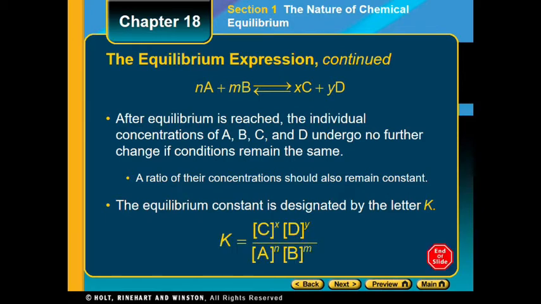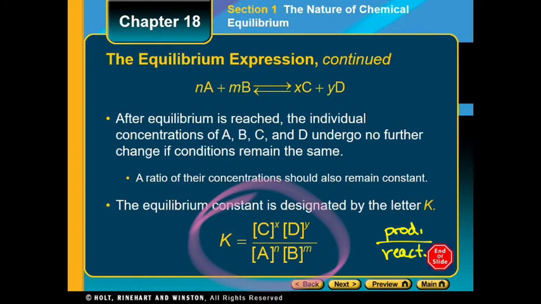That equilibrium constant is the concentration of your products raised to their molar power divided by the concentration of your reactants raised to their molar power. Please make sure you get that in your notes. And again, it is products over reactants. You can see how the coefficients x, y, n, and m are used there to raise to a power.